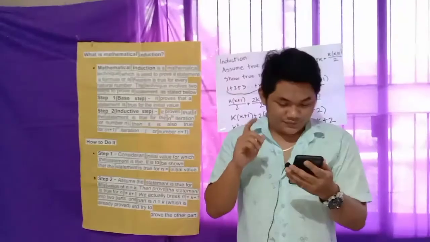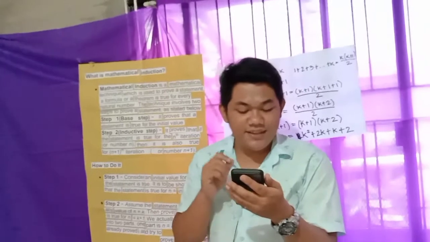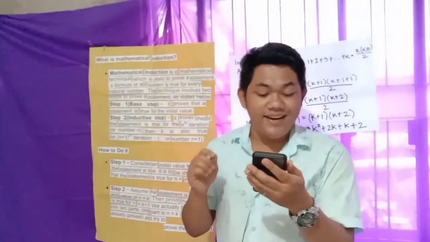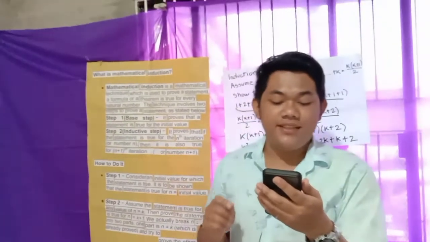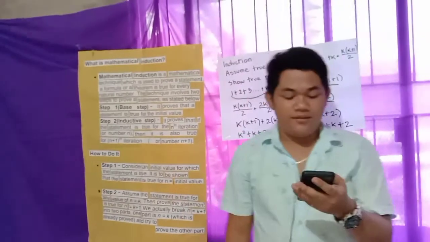I repeat, number 1: 3 plus 6 plus 9 plus 12 plus up to 3n equals 3n open parentheses n plus 1 close parentheses over 2. Okay, done.